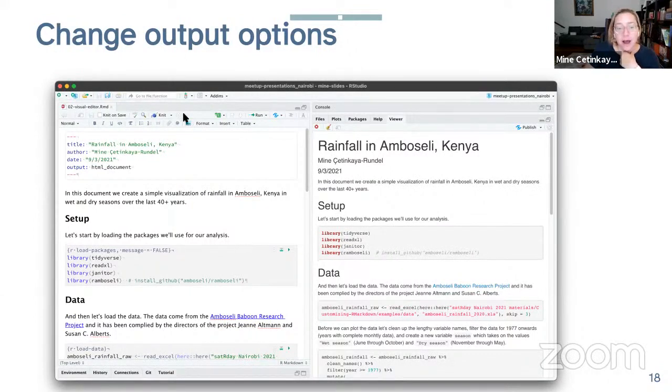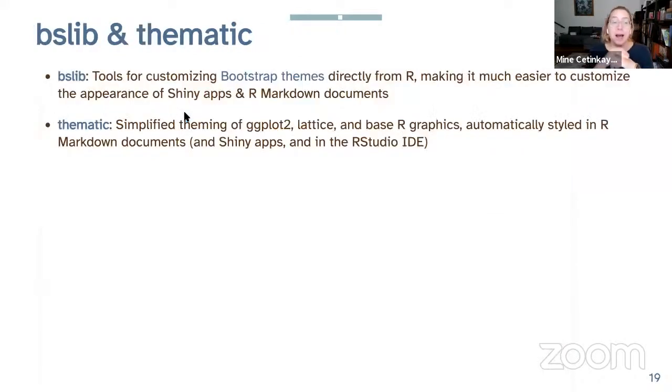There are some already built-in themes that you can choose for your code highlighting and the look of your document. But if you want to take fuller control over how your document is themed, two newish packages, one of them is bslib and the other one is thematic, are super helpful for that.